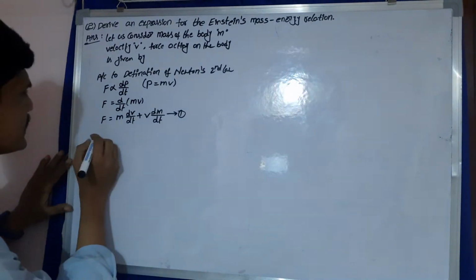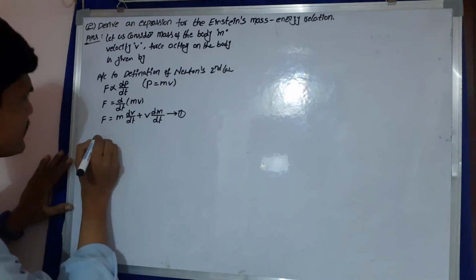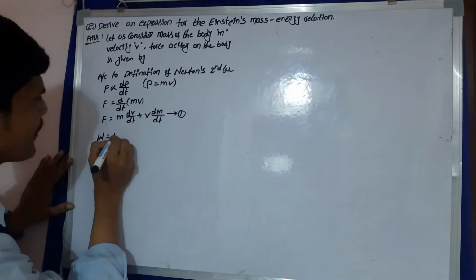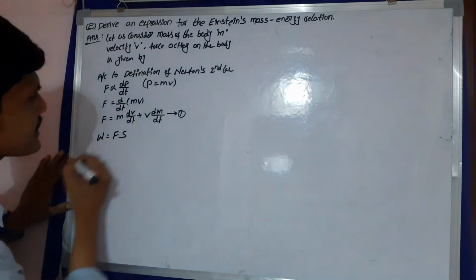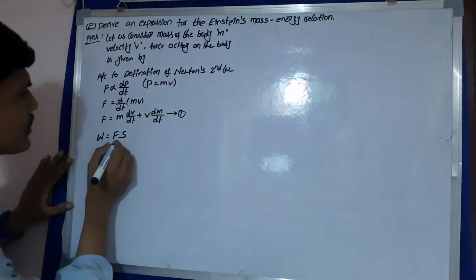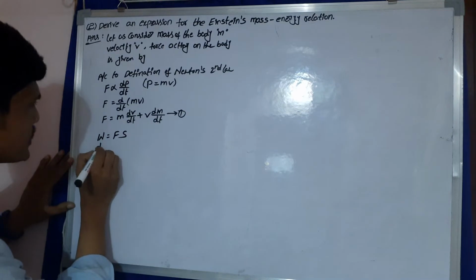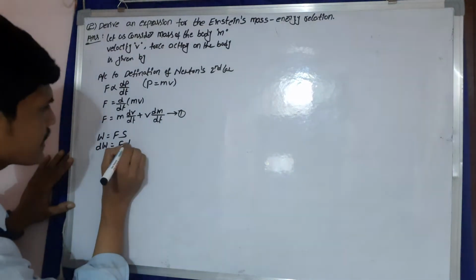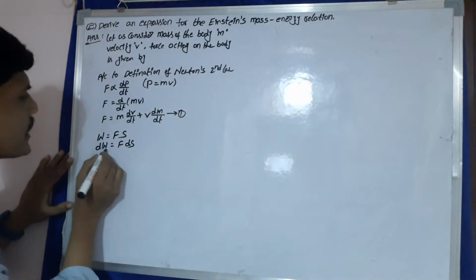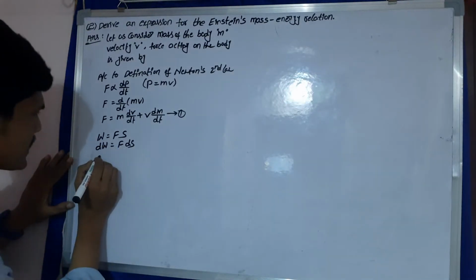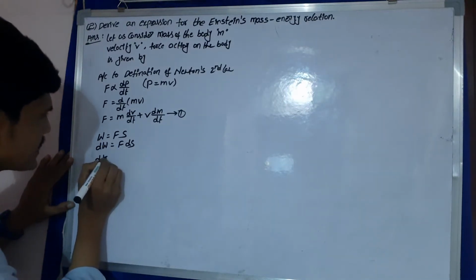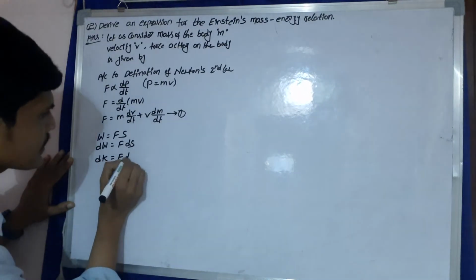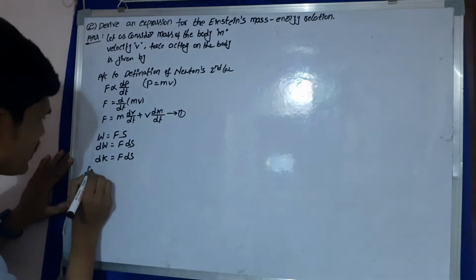Next, work W equals Fs. This is the work. So dW equals F ds. So work is converted into kinetic energy, so dK, where K indicates kinetic energy.